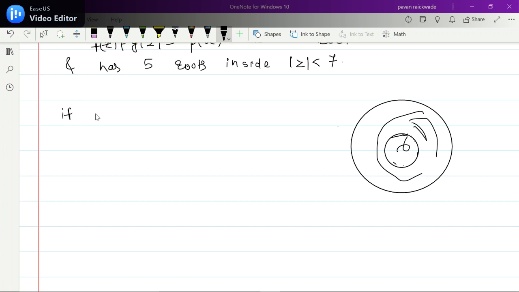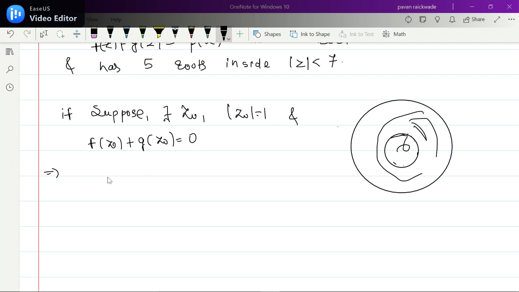Because suppose there exists a z0 such that modulus of z0 is 1 and f at z0 plus g at z0 equals 0. What does it imply? It implies f at z0 equals minus g at z0, which implies modulus of f at z0 equals modulus of g at z0.